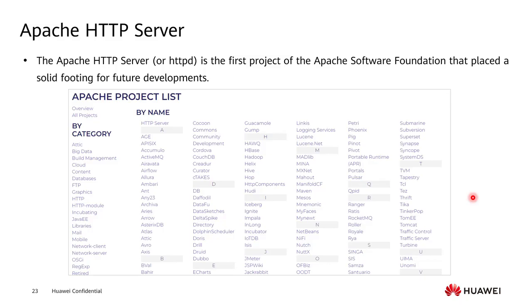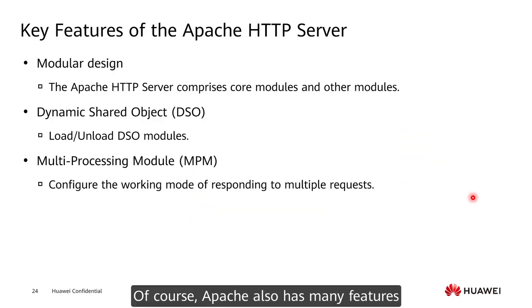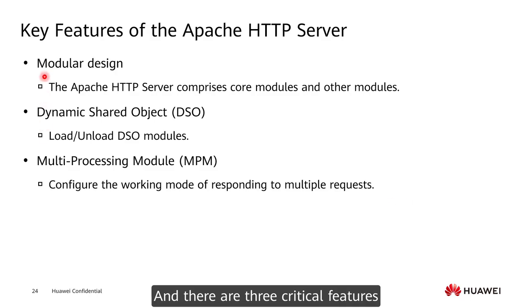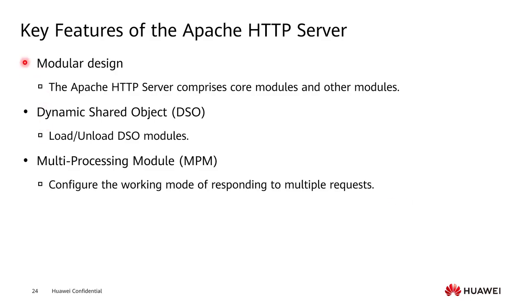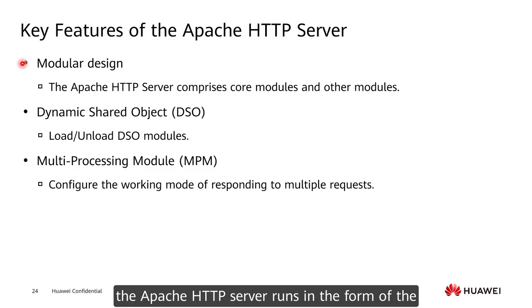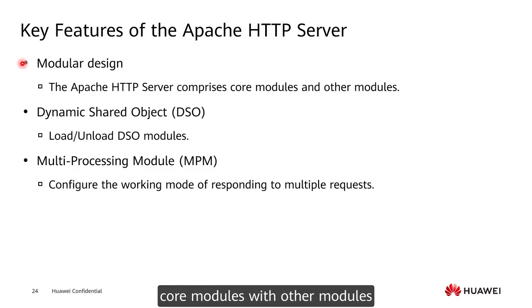big data. Of course, Apache also has many features, and there are three critical features that you need to learn. The first one is modularity. It means that the Apache HTTP server runs in the form of the core module with the other modules.